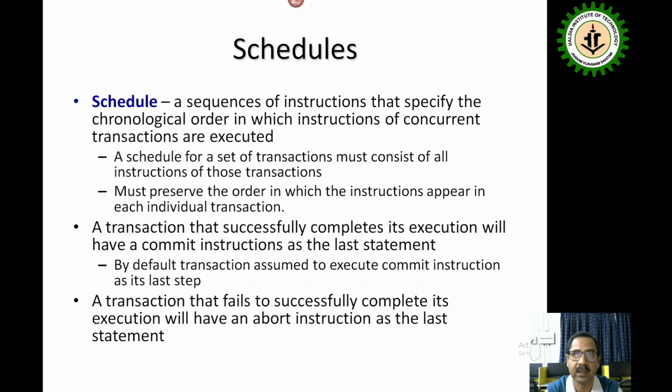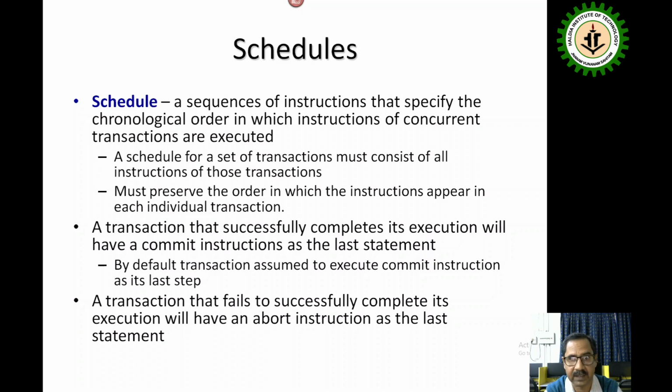Whenever we perform some modification, some update on the database, that must be saved and preserved. Saving the update made on the database by a transaction is done by the commit operation.